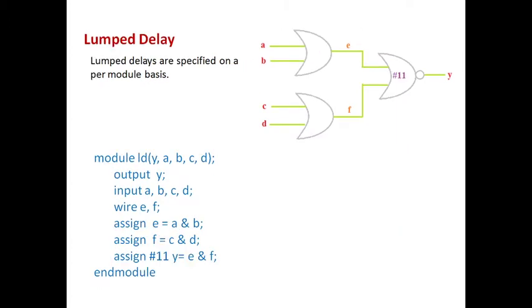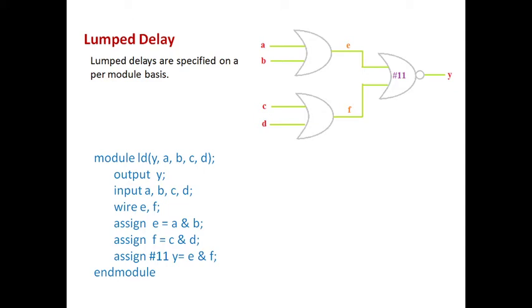The next one is lumped delay. So what is this lumped delay? The concept of lumped delay is very different compared to distributed delay. As you can notice here, the delays are specified only on a per module basis.